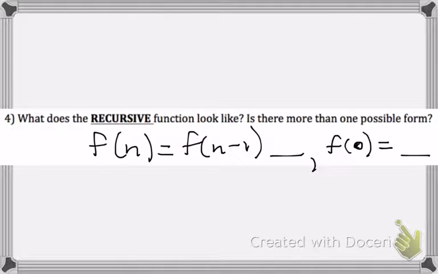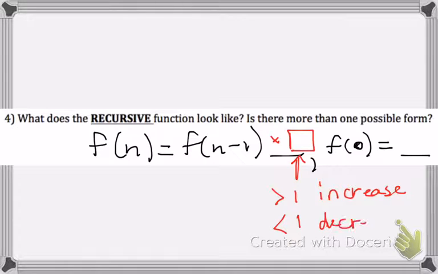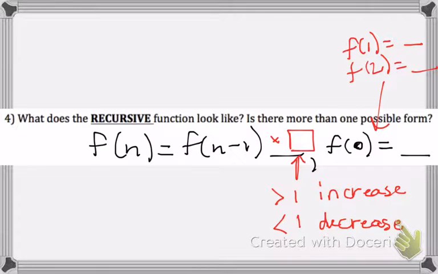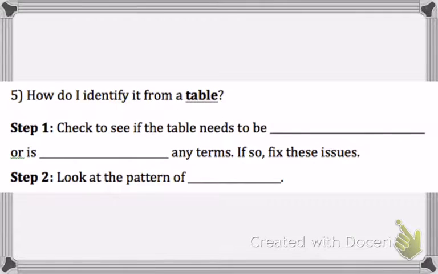And in here, we always have times some amount, where this is going to be greater than 1 if it is increasing, less than 1 if it is decreasing. And then again, you could also have f of 1 equals, f of 2 equals, or really f of 100 equals right there.